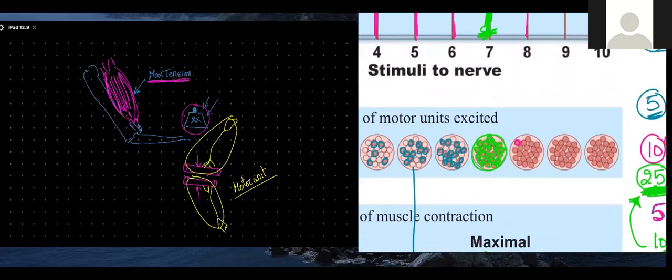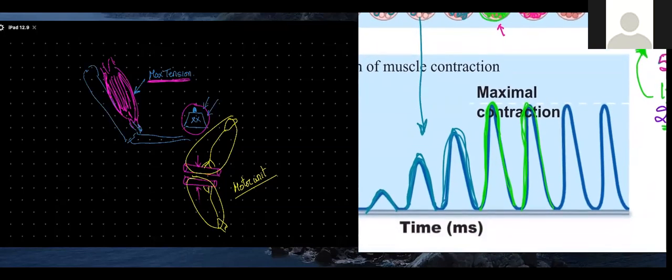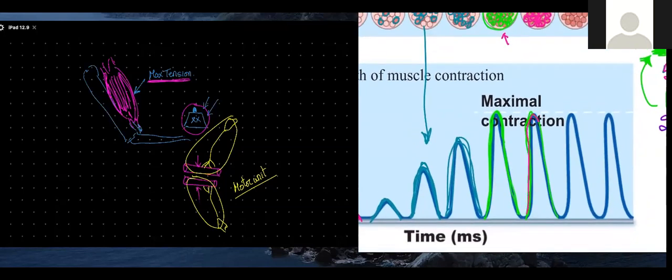You're gonna still have the same number of muscle fibers recruited like the previous one, because simply all the muscle fibers have already been recruited. So if all the muscle fibers have already been recruited, will there be any increase in the tension in the muscle? Will I have any stronger muscle contraction? It's gonna remain the same.